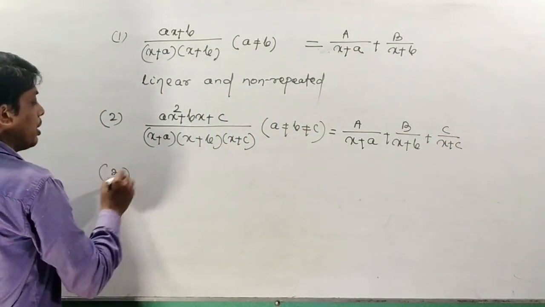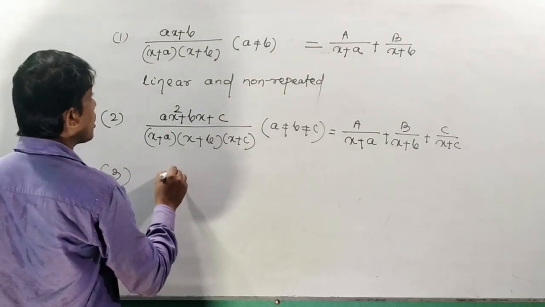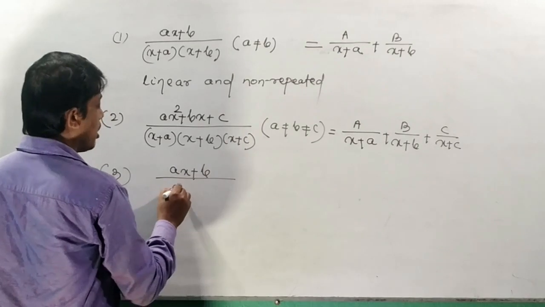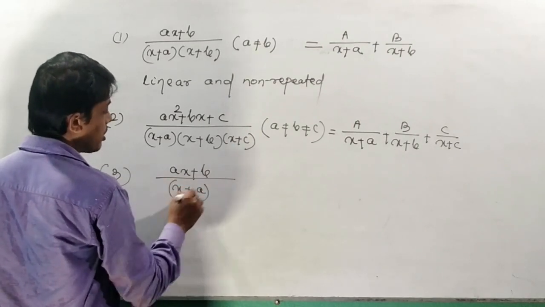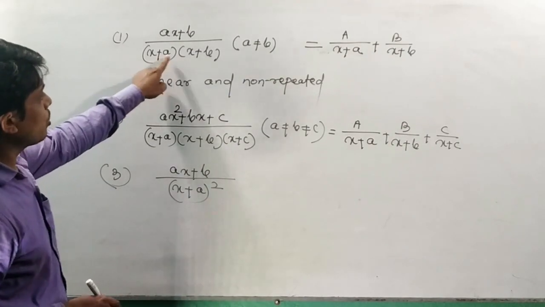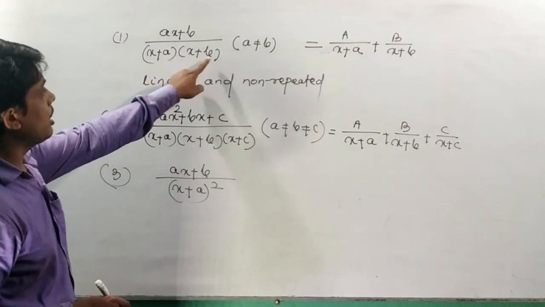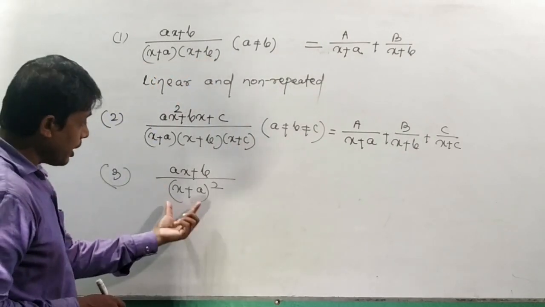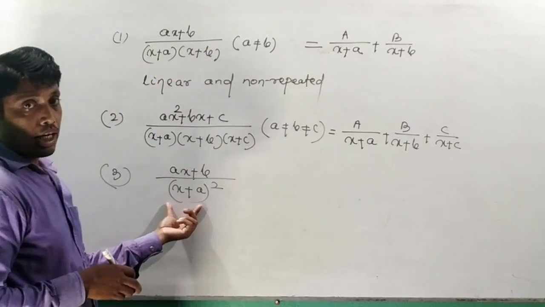But if the case is ax plus b by x plus a whole square, mark it, in the case of x plus a, x plus b, if a is equal to b, then this will be x plus a whole square.